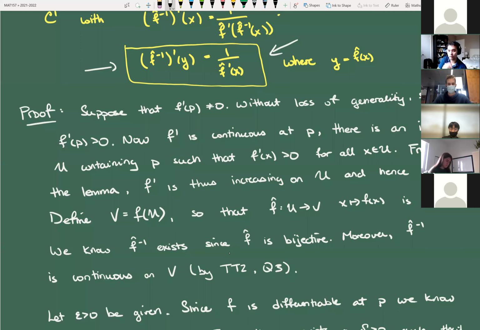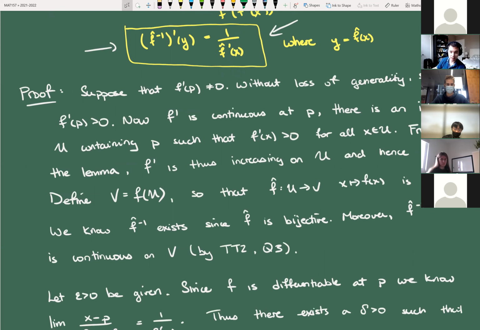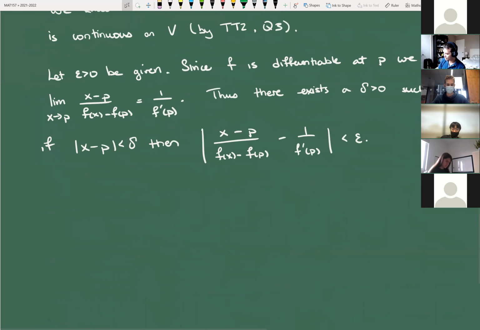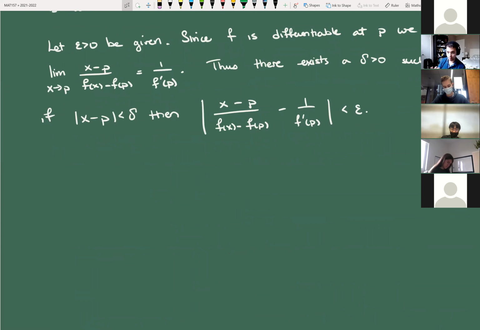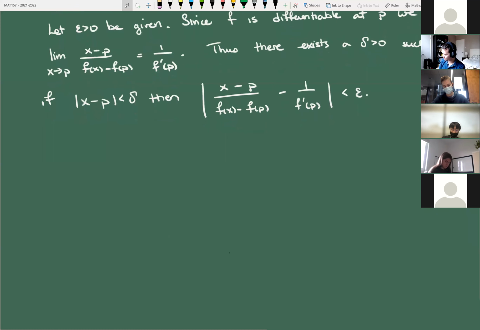The derivative of the inverse function is going to be 1 over f prime of p. So I need the reciprocal of f prime of p to show up somewhere. This is basically why I'm doing that. Does that make sense? Because I'm looking ahead, I know that 1 over f prime is going to show up. And then, like I said, you'll see that just magically everything does exactly what you want it to do.